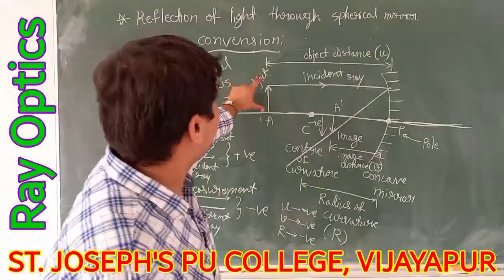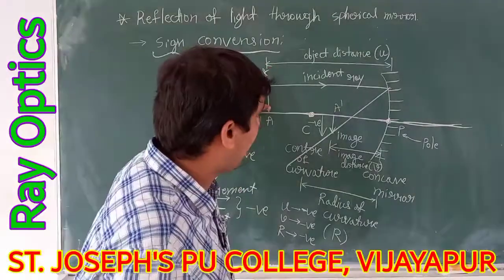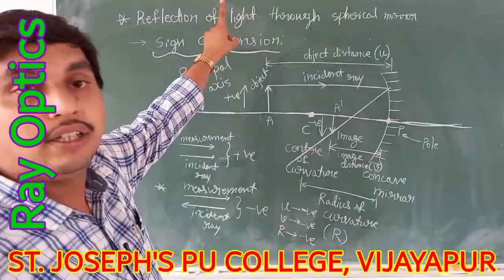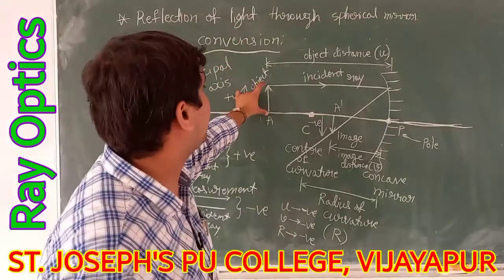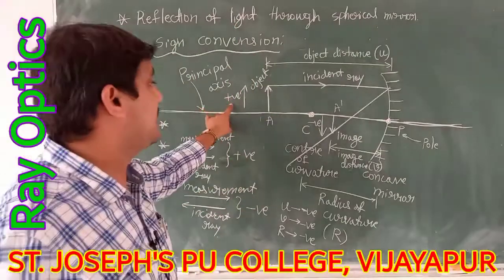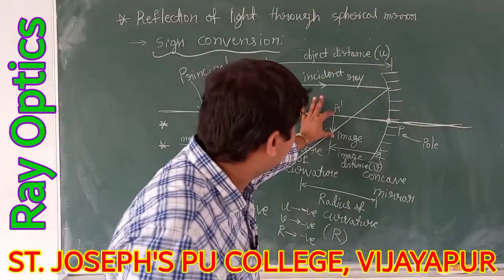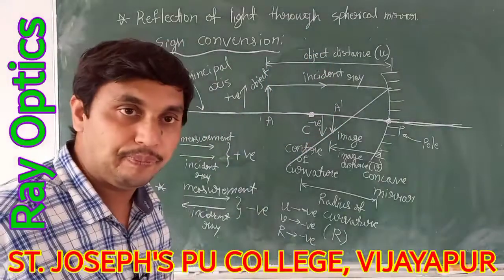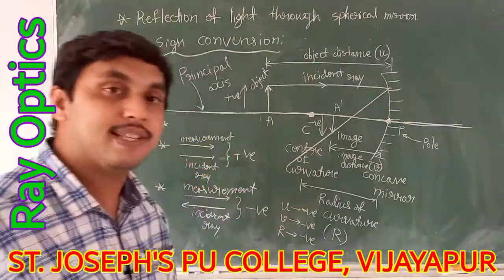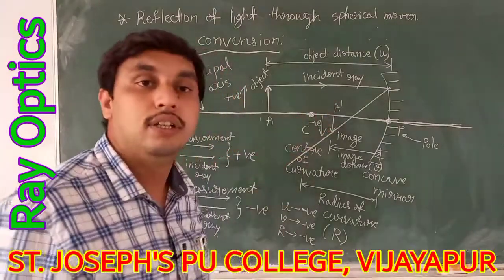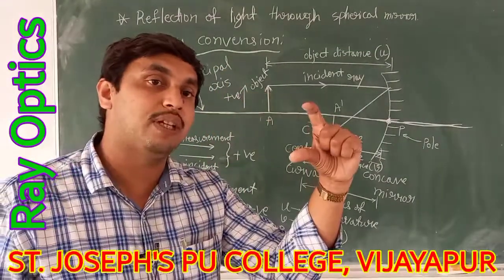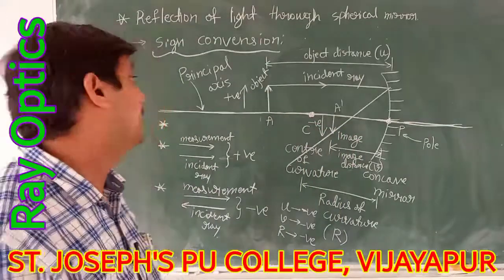Here, this will be the height of the object. Height is measured above the principal axis, as a perpendicular distance, so the object height is taken as positive. The image is downward, below the principal axis, so the height of the image is taken as negative.